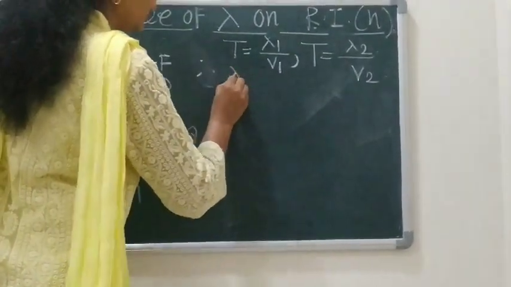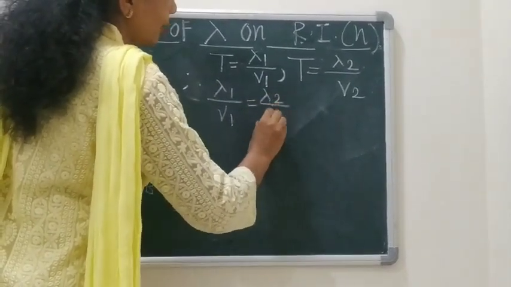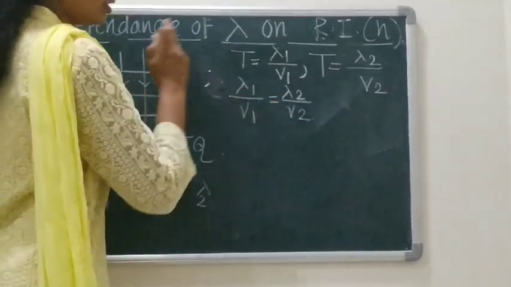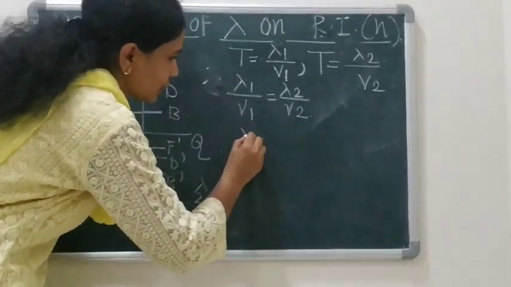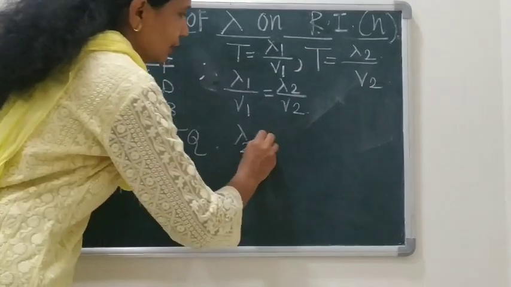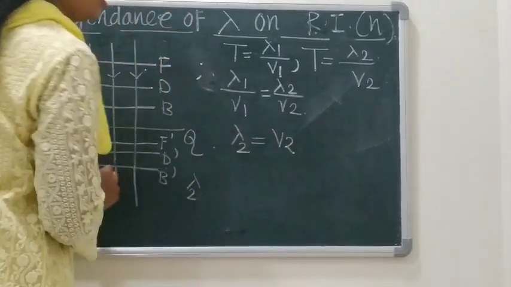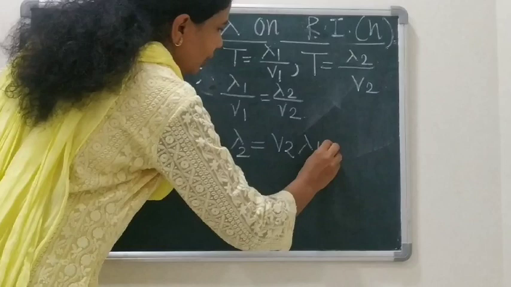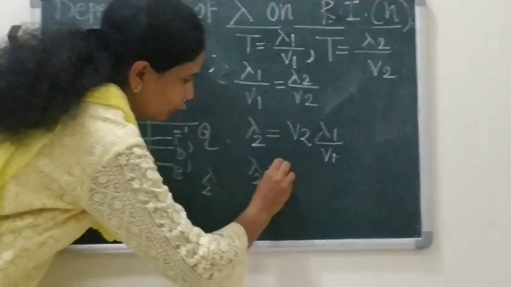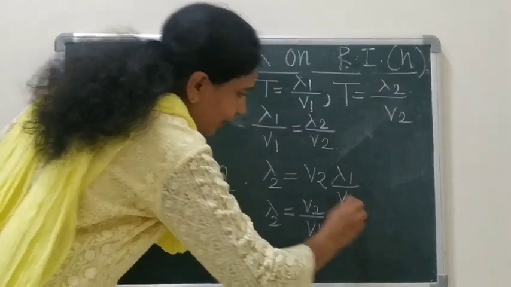Therefore we get λ1 upon v1 is equal to λ2 upon v2, equating these two equations. Then write down this equation for λ2. λ2 is equal to v2 into λ1 upon v1. Therefore λ2 is equal to v2 upon v1 into λ1, and v2 upon v1 is n1 upon n2, so λ2 is equal to n1 upon n2 into λ1.